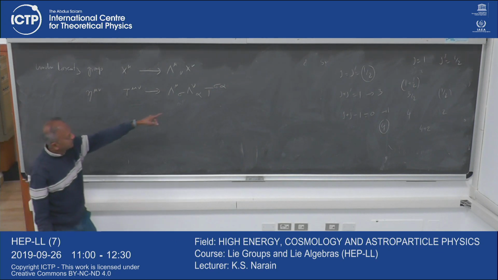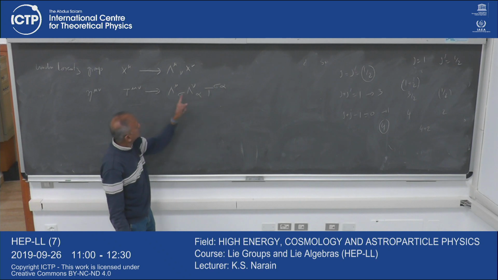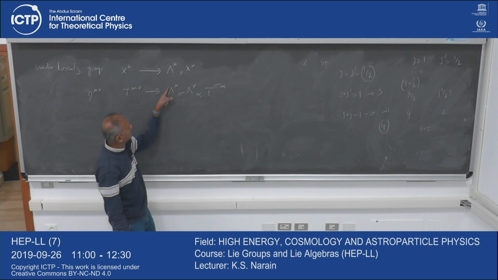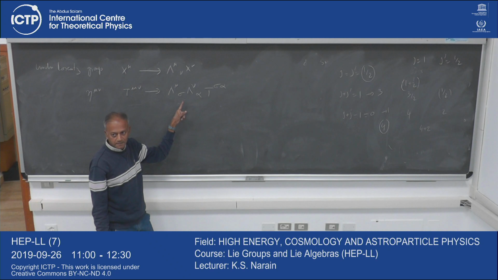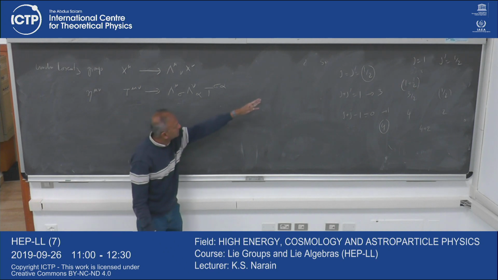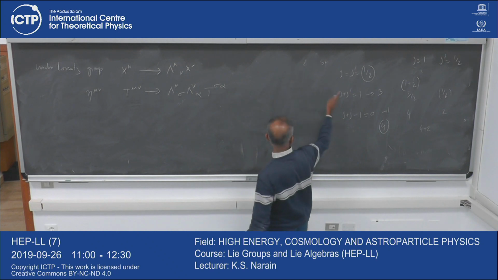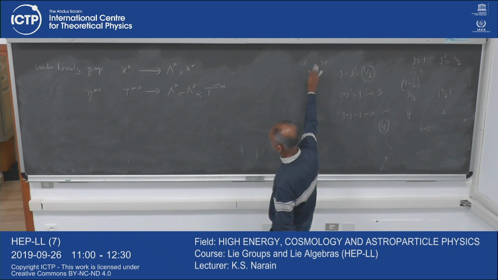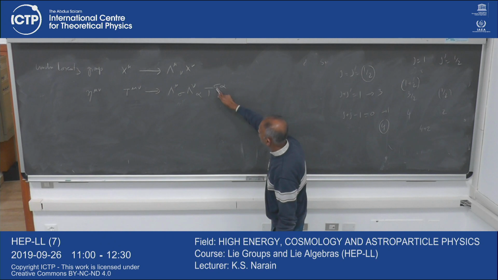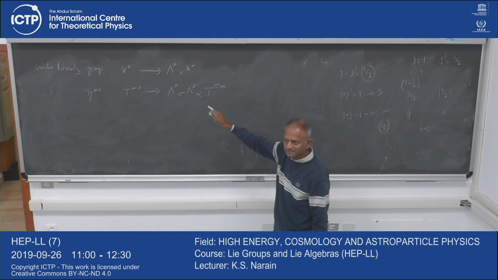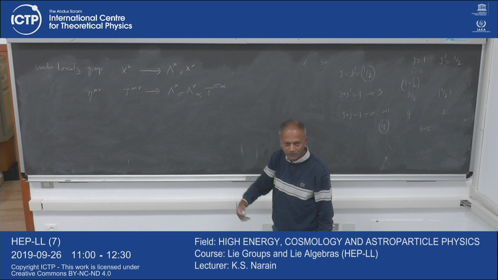So what is happening is that on each index you have a Lorentz group element acting on it. This is exactly like what we said about the tensor product. The only difference between the discussion we made there and here is that both indices are in the same representation. They transform exactly the same way.